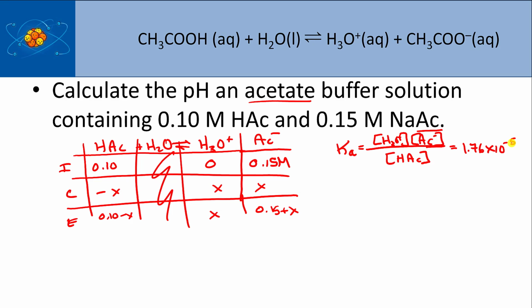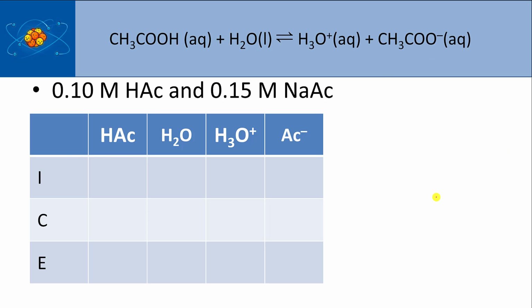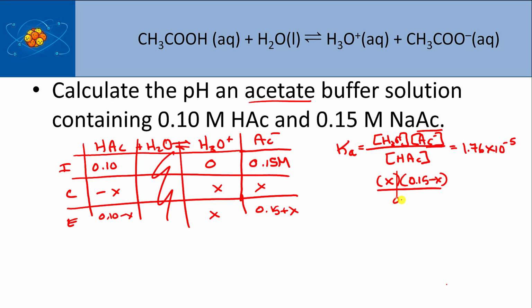And we can plug in that this is going to be x times 0.15 plus x divided by 0.10 minus x. That's equal to 1.76 times 10 to the minus fifth, and then I can just solve it for x, and this will give me my hydronium ion concentration.